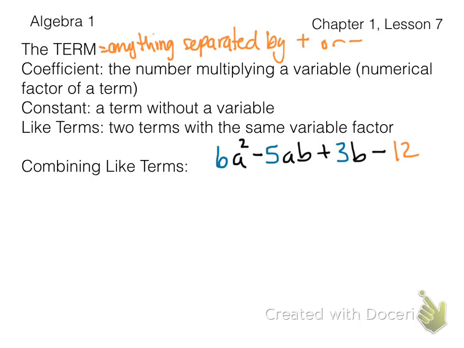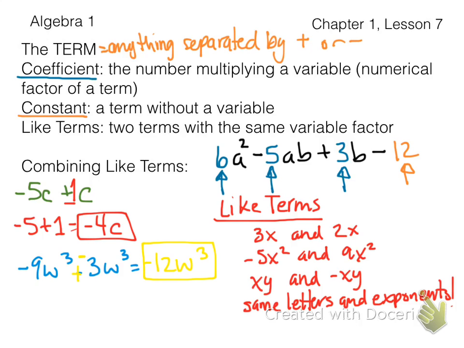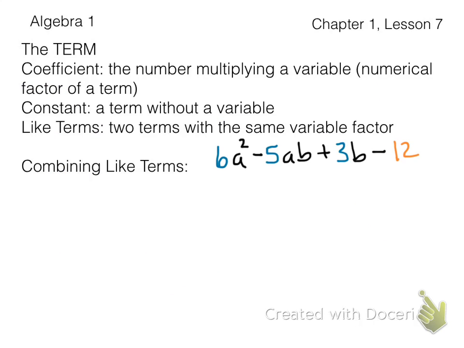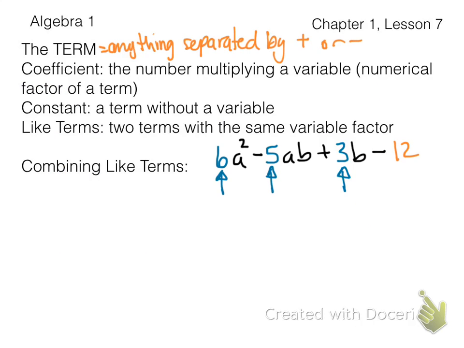All right, and the coefficient is basically when you have a term that has a variable and a number is being multiplied by it. So in this case, the 6, the 5, and the 3 are all coefficients.